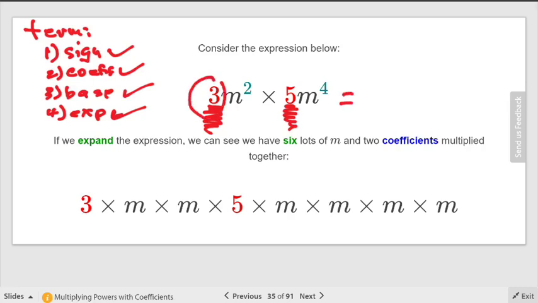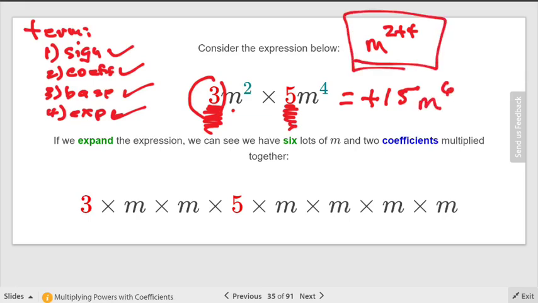Positive times a positive stays a positive. 3 times 5 is 15. m to the 2nd times m to the 4th is m to the 2 plus 4, or m to the 6. Now notice I still took that off to the side and did it. I want you to as well.